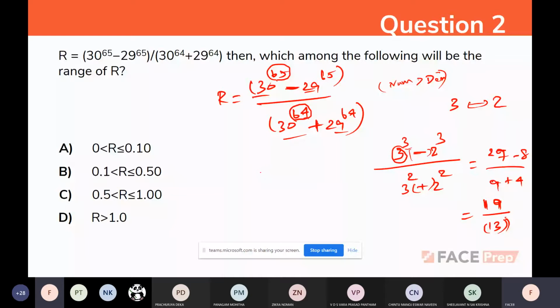Any doubt on this? Any doubt in this question? Anyone? Shall we move further? If you have no doubt, we can move further. Put a Y in the chat box, or you can unmute yourself and ask your doubt, if there is any.